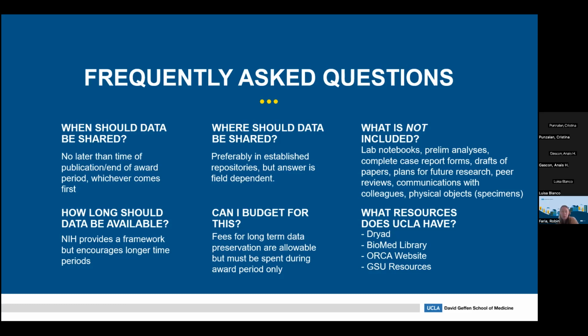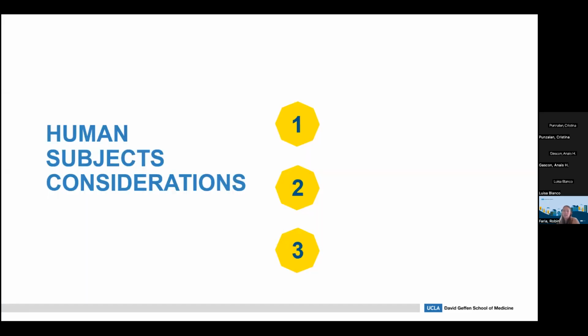With those questions, another thing that comes up is the question of human subjects. For studies that involve human subjects and/or clinical trials, you may have additional protection considerations for those human subjects.